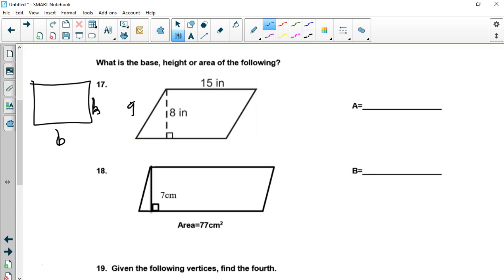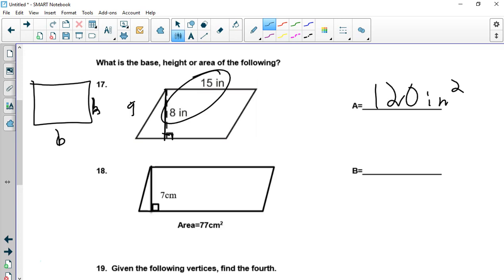Well, it's the height, the true height, which forms a right angle with the base. So the slant height there of 9 is not the true height. The true height is 8. So we're going to use these two numbers, 8 times 15, to get 120 square inches, base times height.